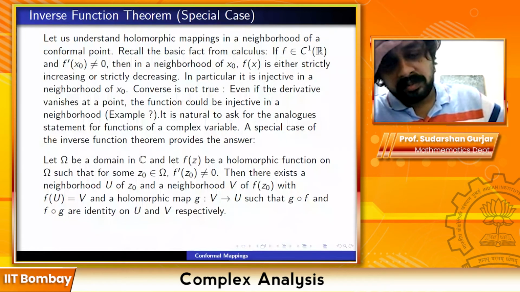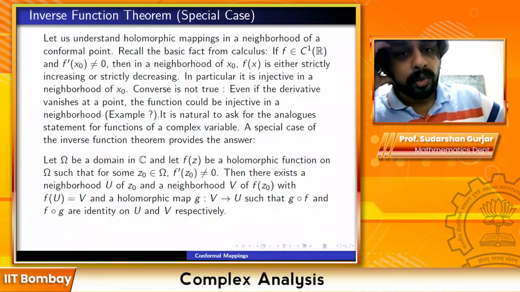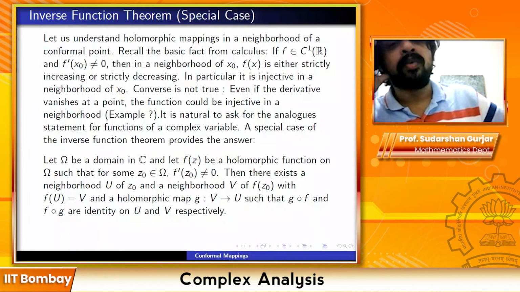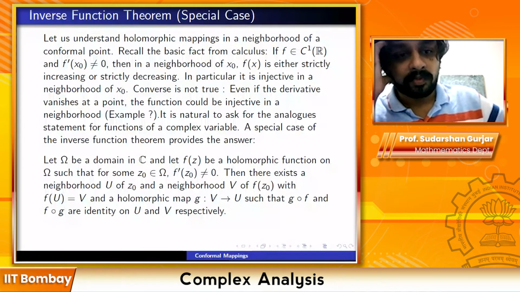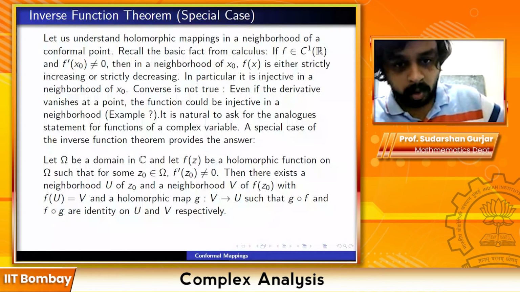So what is the theorem saying? If the derivative is non-zero, locally the function admits an inverse. I can find a neighborhood of z0 and a neighborhood of f of z0 such that f restricted to this neighborhood has a holomorphic inverse.